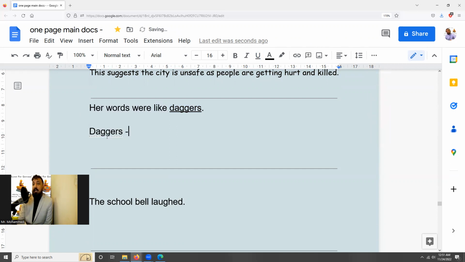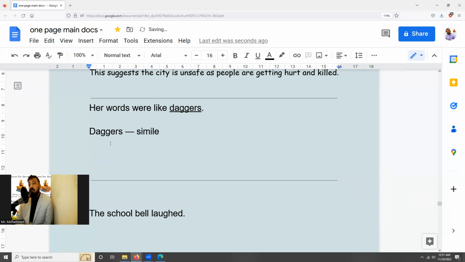And then what is the type of image? Well, it says "like". That tells us it's a simile. Very good. And then what is a dagger? The dagger is a sharp knife.